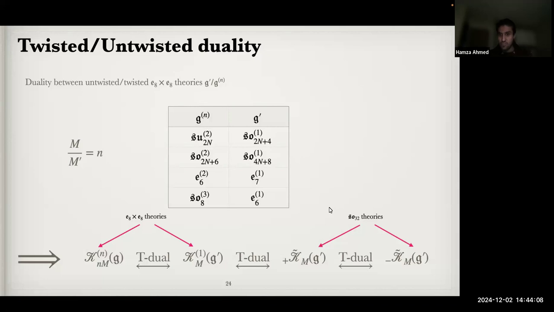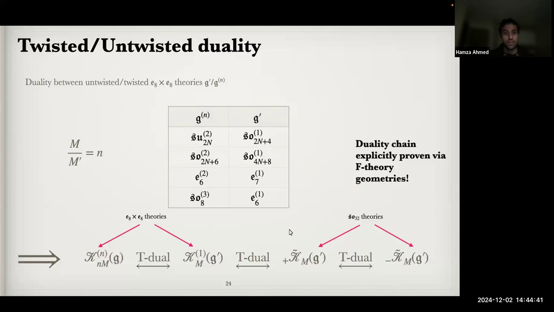And then finally, as a final check, we also explicitly realize these geometries in F-theory. So just matching the M piece was enough for us to find these twisted T-dual LSTs. This is just one example of a duality chain. We have other cases as well, but this was the most easily realized geometrically.